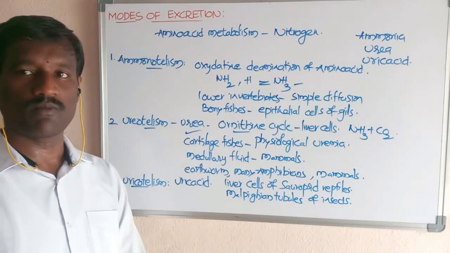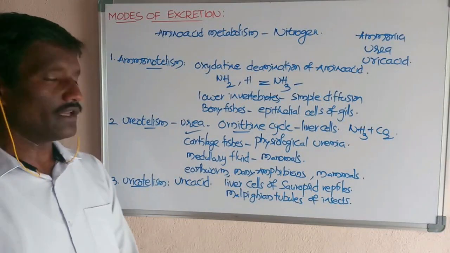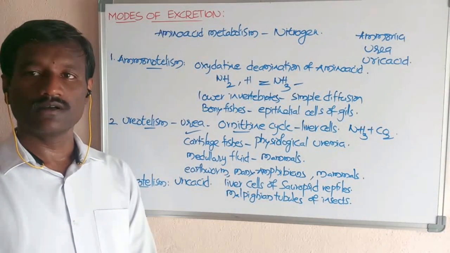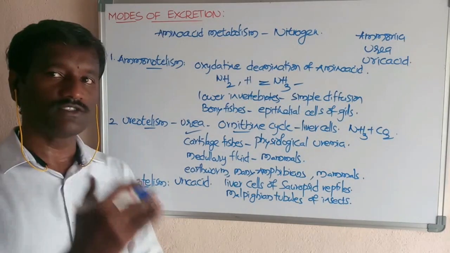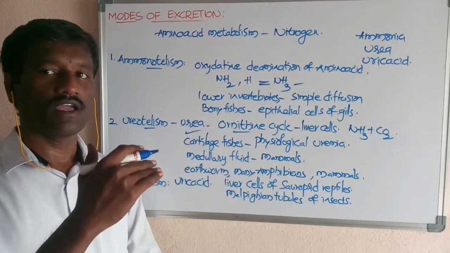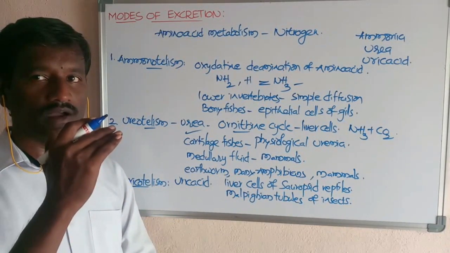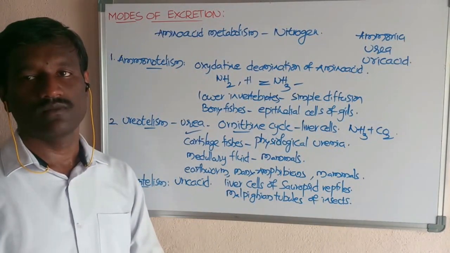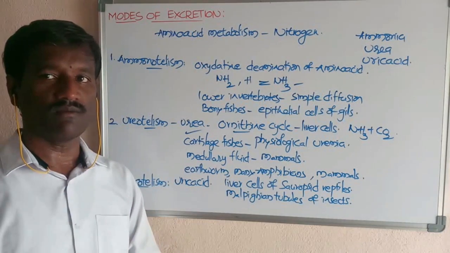Uric acid is solid in form. When animals eliminate uric acid, they do not lose much water. It is one of the adaptations to conserve water in the body of the animals.